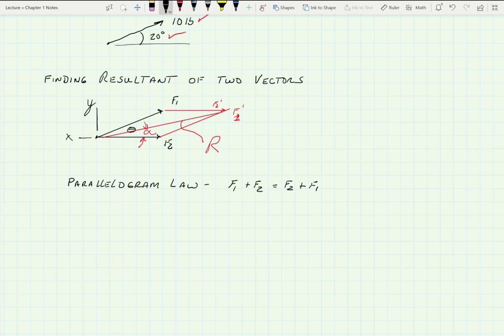Basically, just what I did up here is I transposed the positions and I went tip to tail to do things.